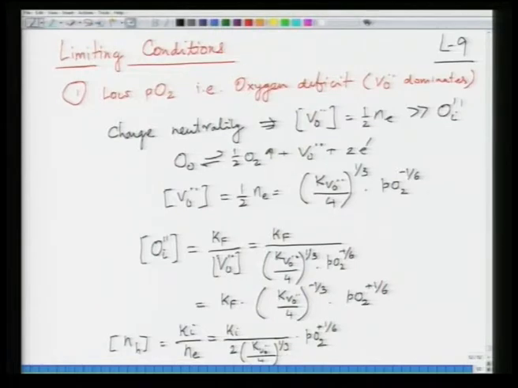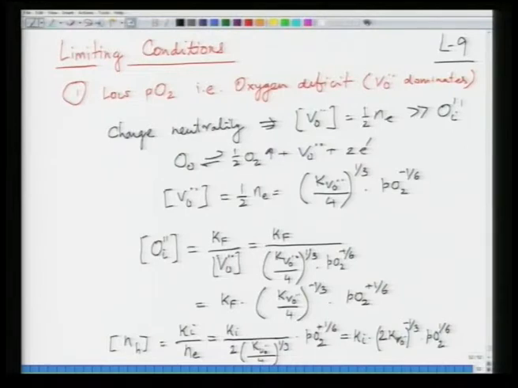This would be the expression for your hole concentration, which can be further modified, and you can write it as Ki into 2 KVO to the power minus 1 by 3, because these go up, and multiplied by PO2 to the power 1 by 6.